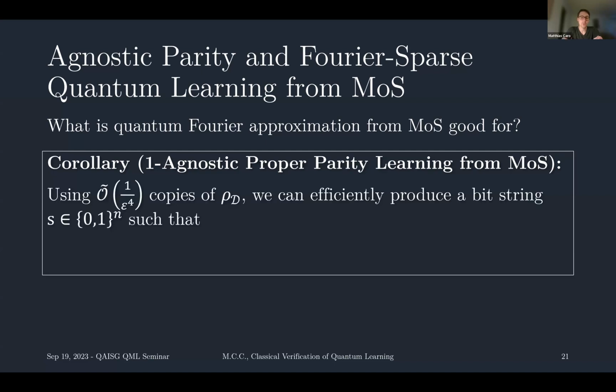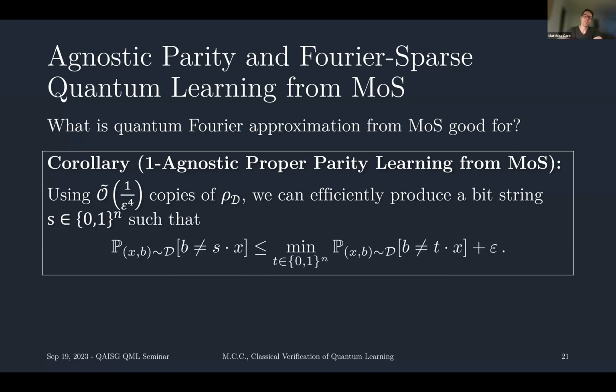So what we show is that if you have on the order of 1 over epsilon to the 4th copies of a mixture of superposition example, you can produce a bit string or a parity such that the misclassification probability of that parity, so here this inner product is just an inner product of bit strings modulo 2, is at most the optimum misclassification probability you could achieve with any n bit string plus epsilon.